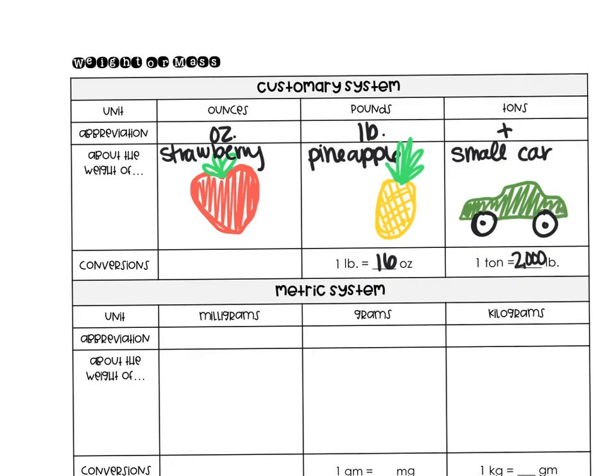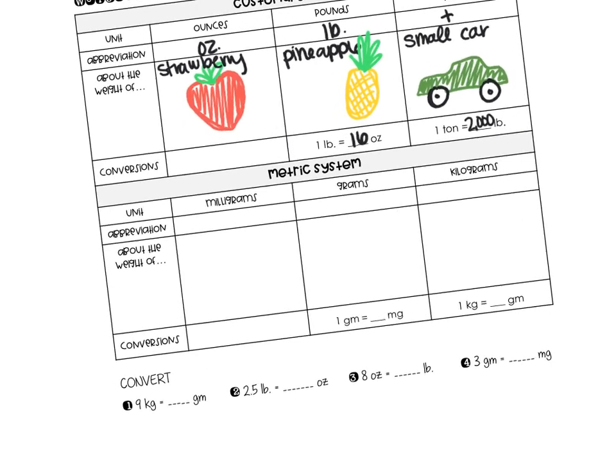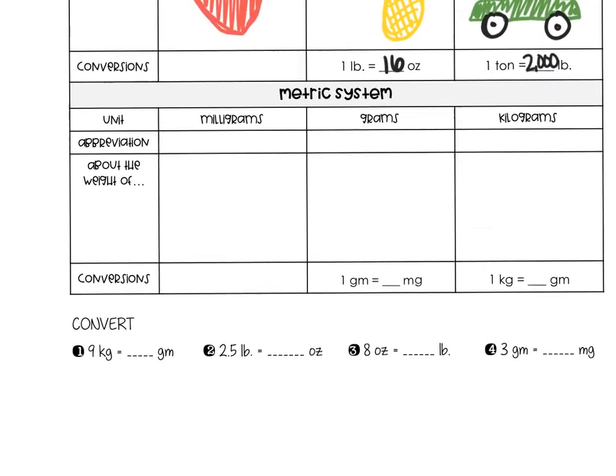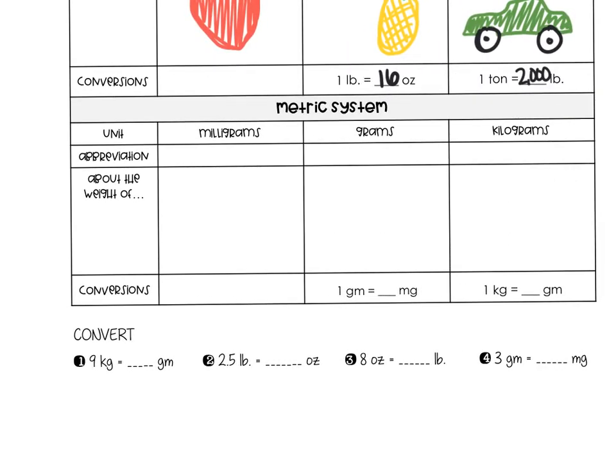All right, so the second grouping here is the metric system's names for weight. I can look first at milligrams, which is abbreviated mg. This is super tiny in terms of weight.